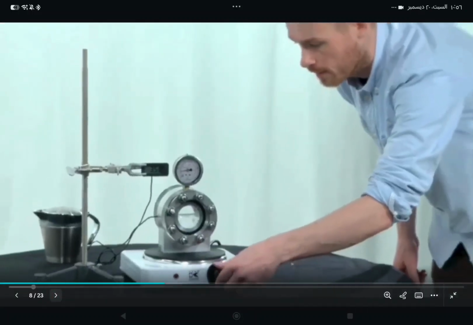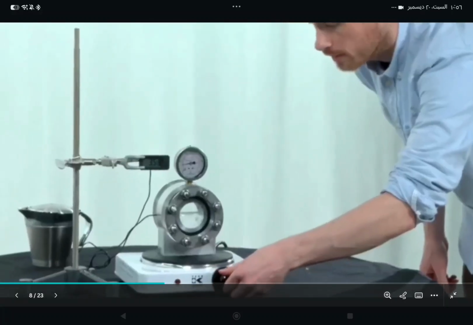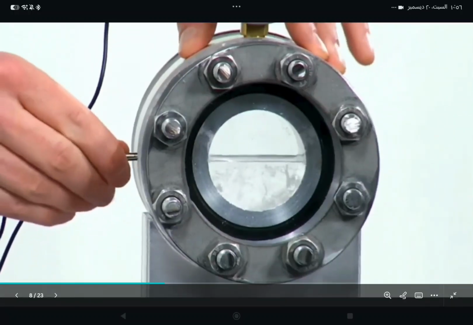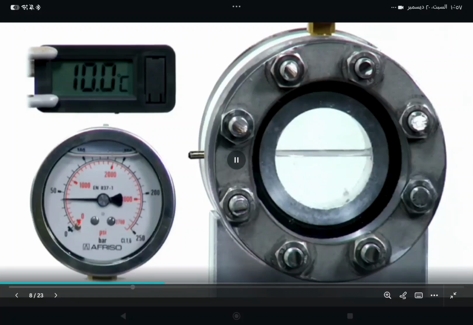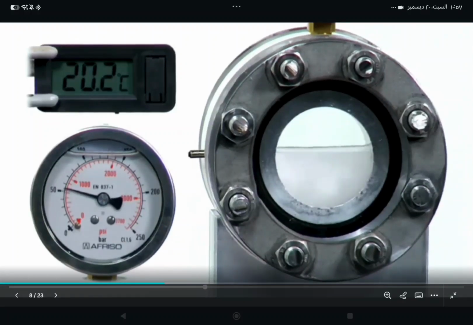Now we have the critical point. We have a substance, and we will add heat and pressure to it until we reach the critical pressure and temperature. So now we are adding heat and raising the pressure.